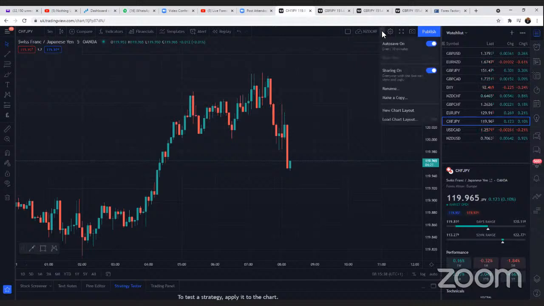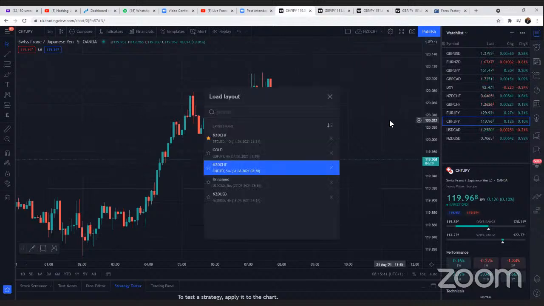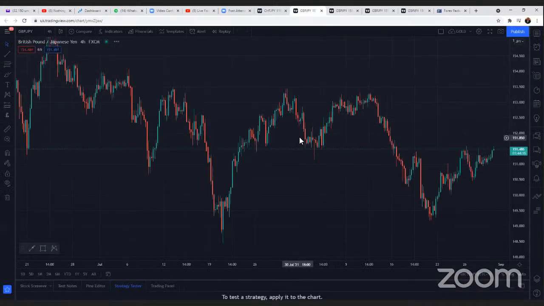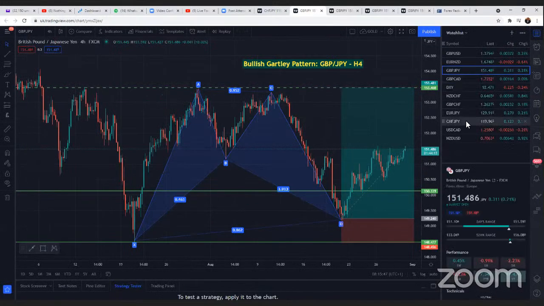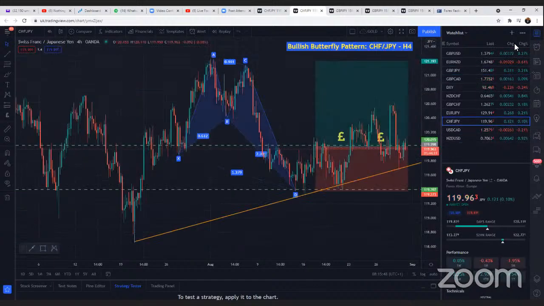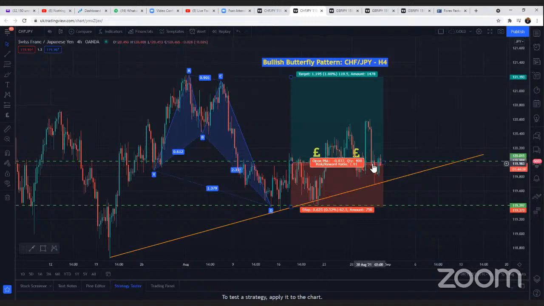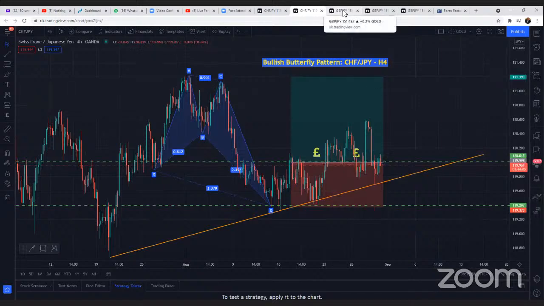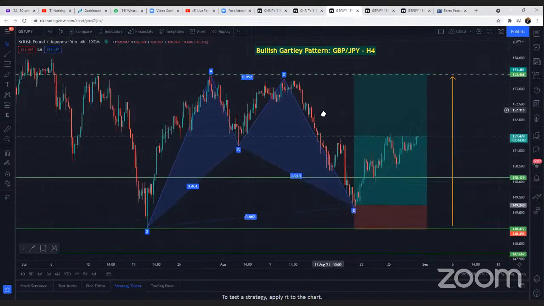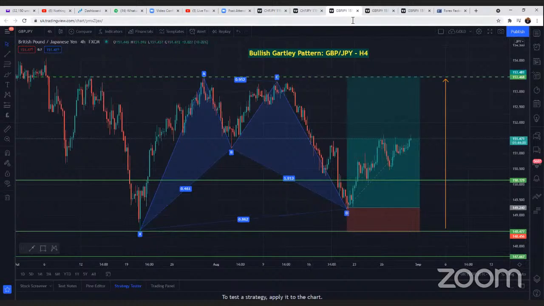Let's go to CHF JPY. All right, let's do that here. Okay, so you can see this is CHF JPY. It's correlated to pound JPY because both pairs have JPY in them.